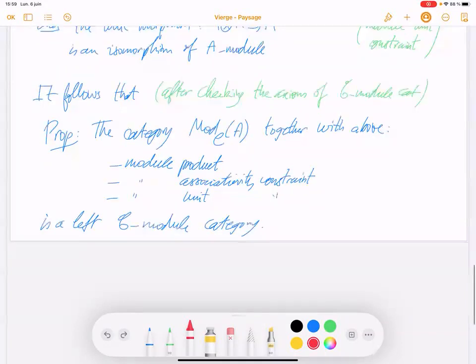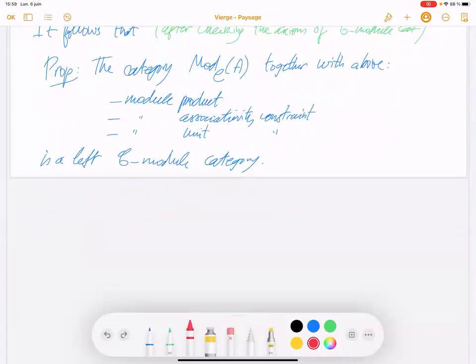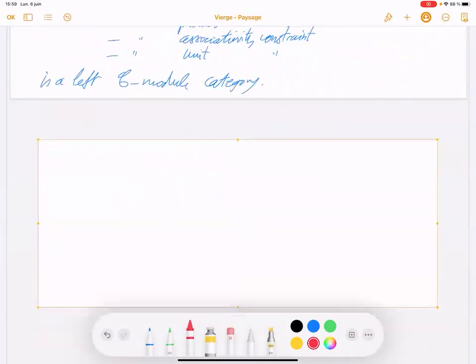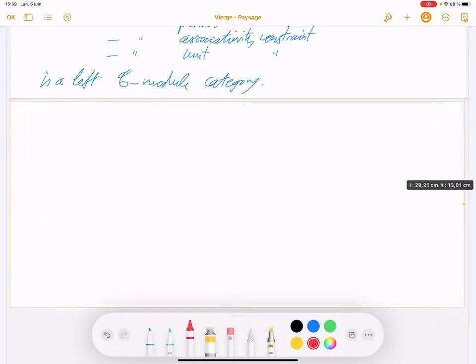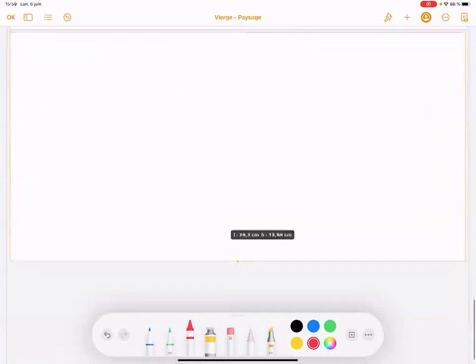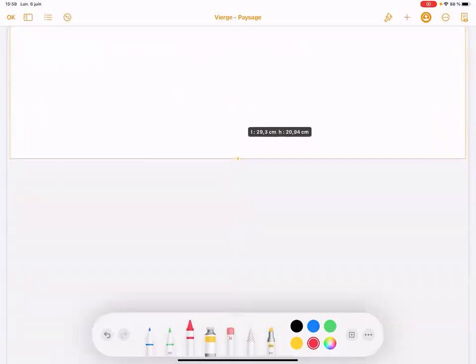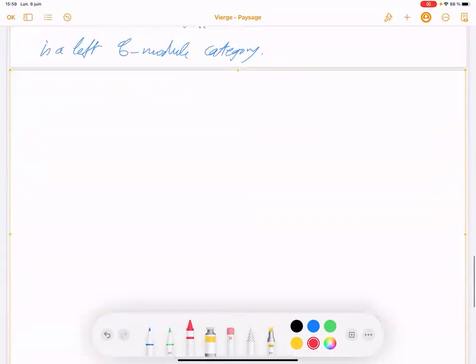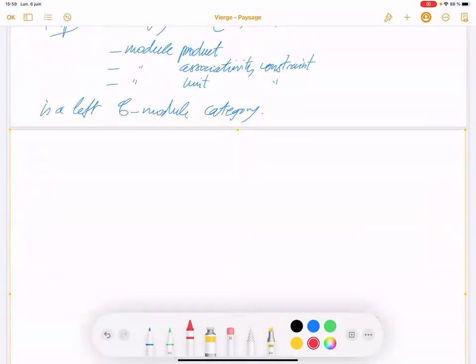So an example. We will take the algebra object to be what we defined. We mentioned last session the X tensor X star.